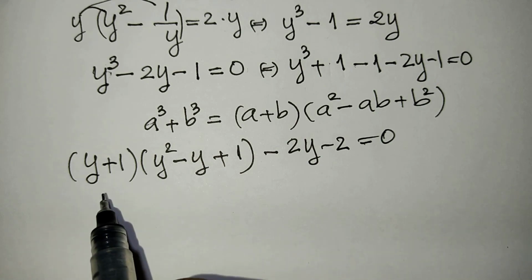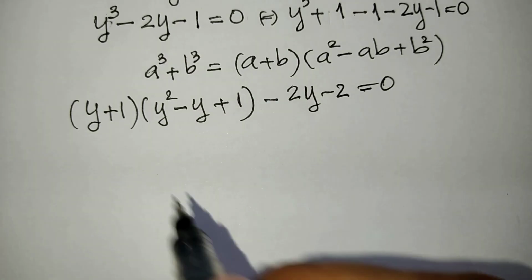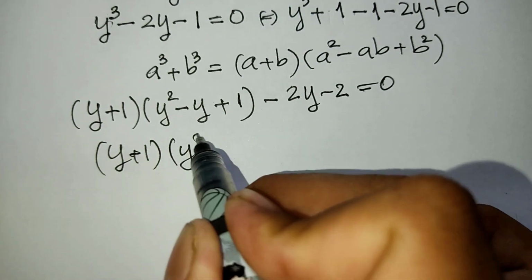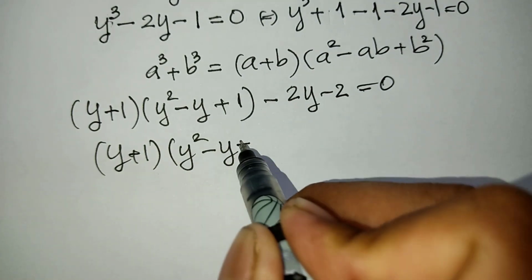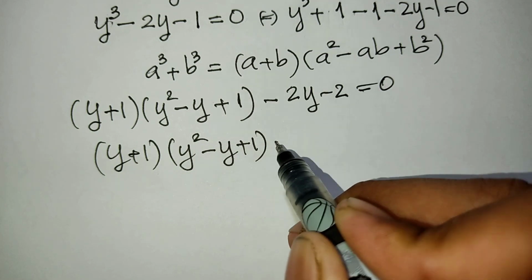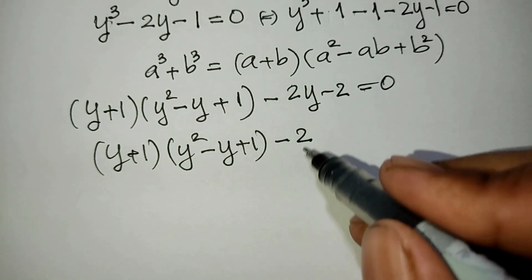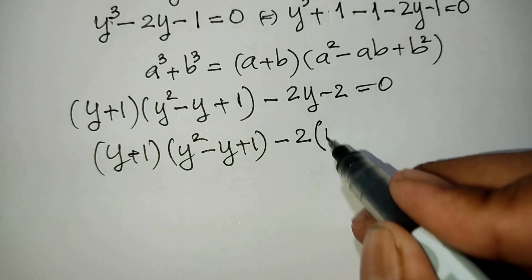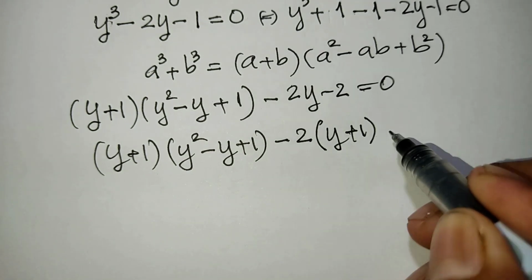And then we get y plus 1 times y squared minus y plus 1, and here we take minus 2 out as a factor, we get y plus 1 equals 0.